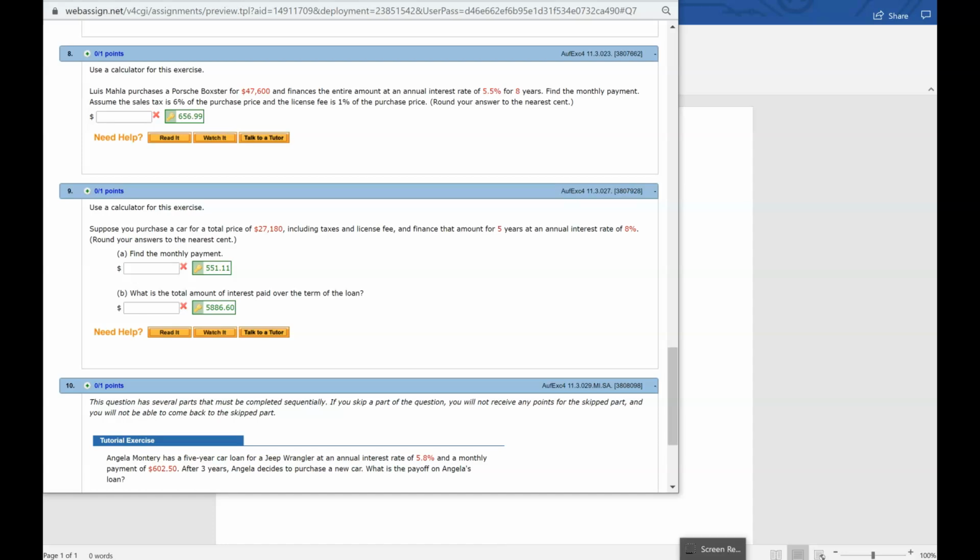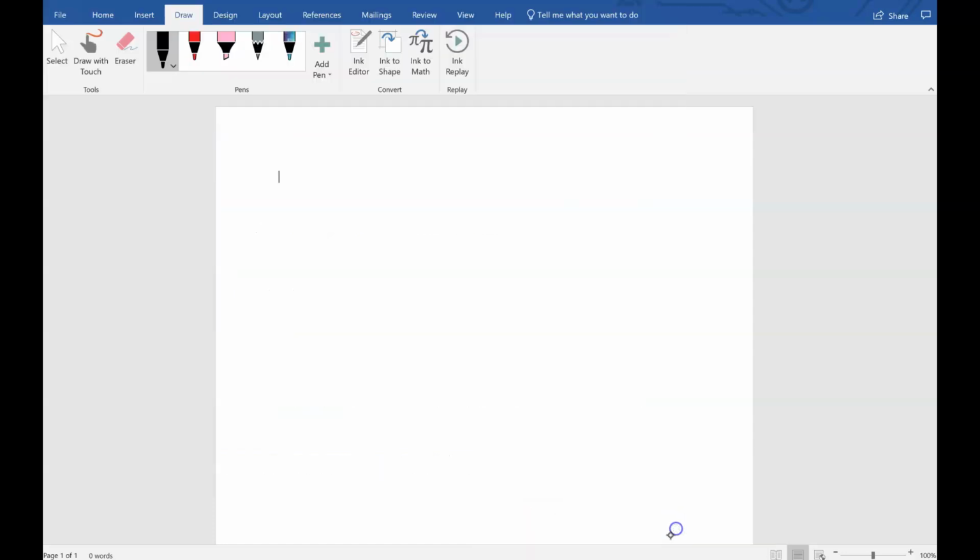So let's go ahead and execute the formula that is given in the book for PMT calculations.